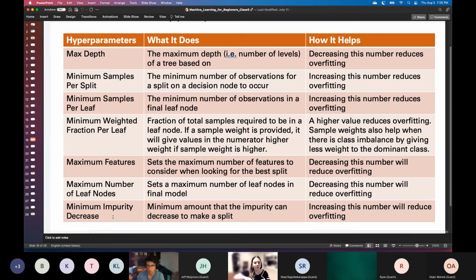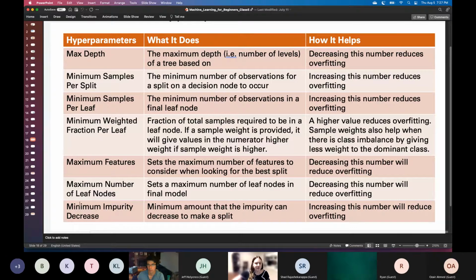So it wants more 1s in one leaf, and in another leaf you might have more 0s than 1s. Basically, you don't want them spread out. You want them more similar within your different nodes, because that means you're predicting better. If it's 50-50, that means your model isn't predicting very well, because it's going to take the mode or the mean, and if it's split in the middle, you're probably not getting your prediction right.